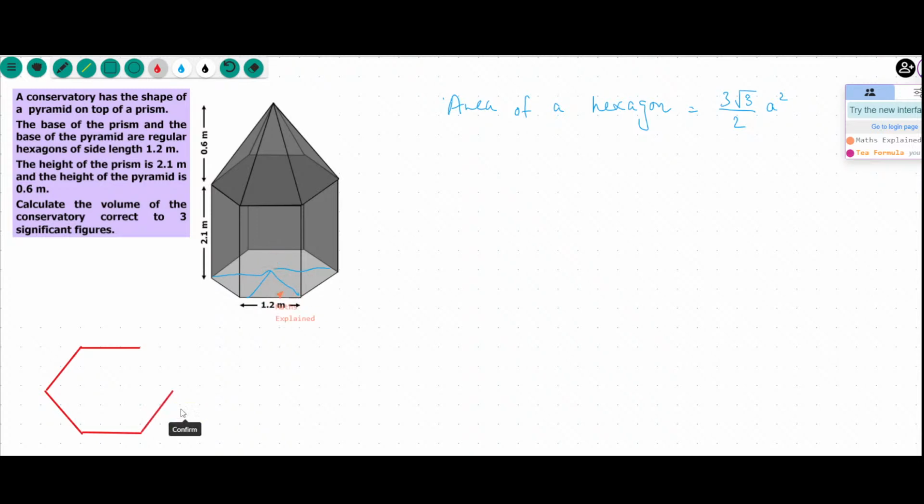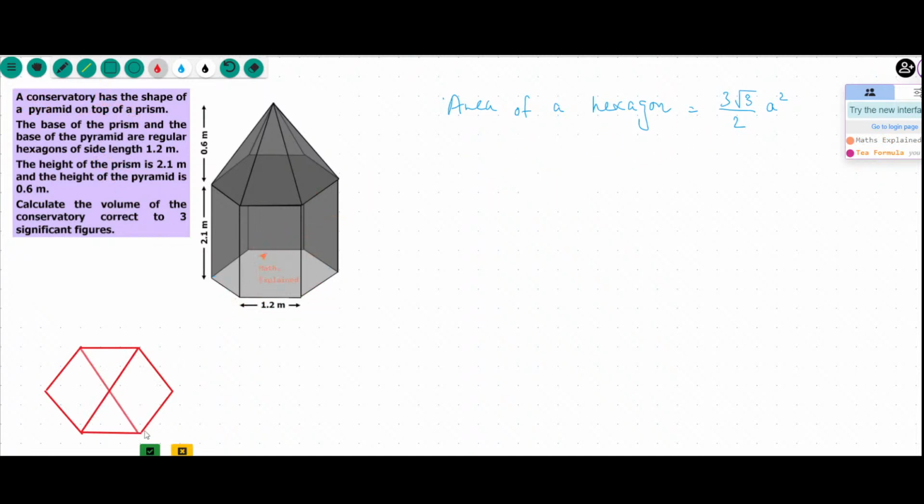You can think about it as 2 trapeziums or whatever, but I think 3 times root 3 on 2 is like 3 of those triangles at any rate. It's not difficult to derive the formula.